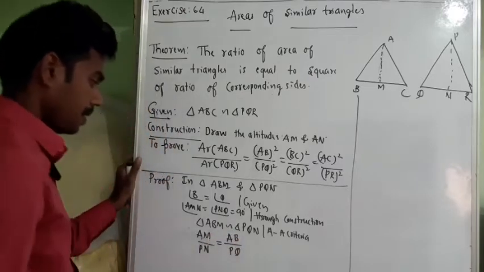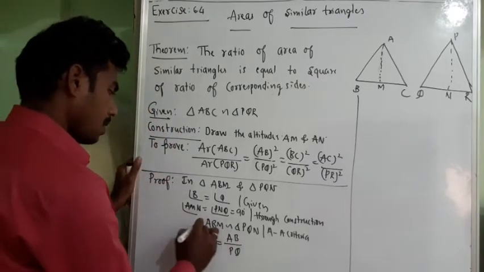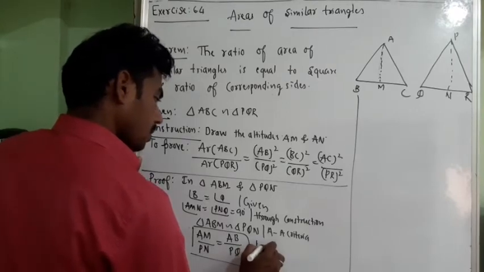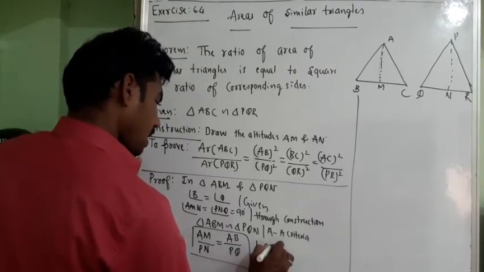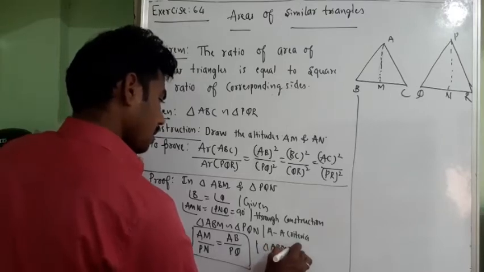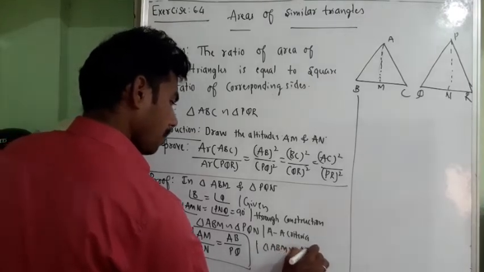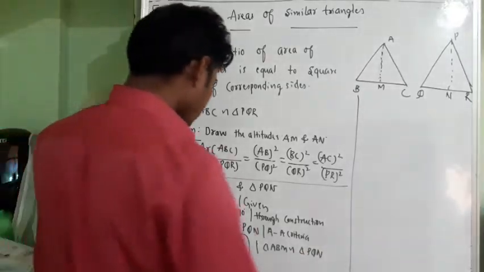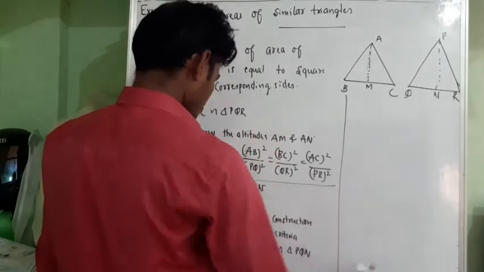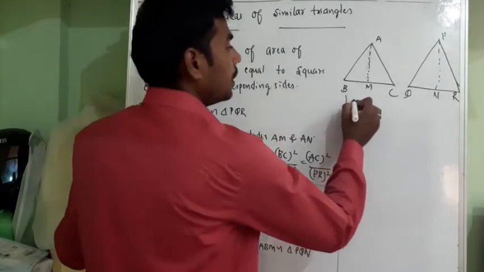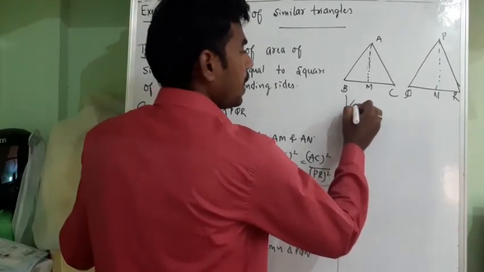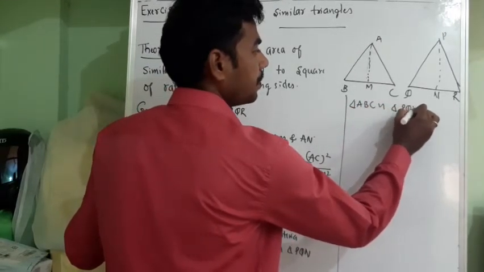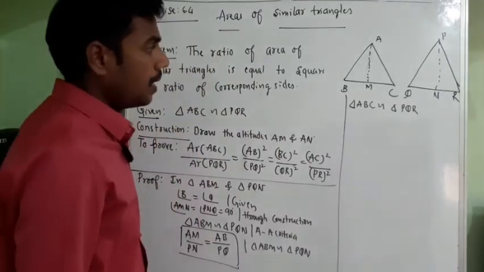This is because triangle ABM is similar to triangle PQN. Fine. Because of it, I can write this relation. And we know that triangle ABC is similar to triangle PQR.